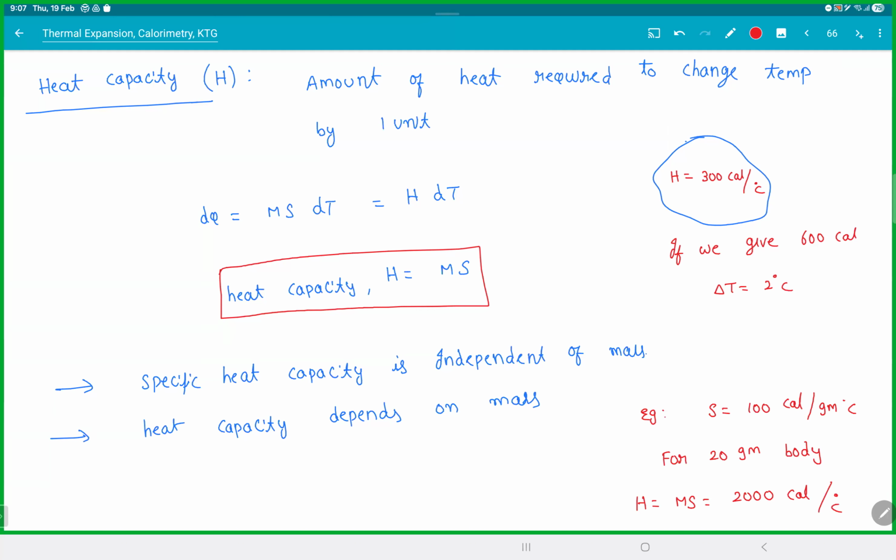Meaning for that particular body, if you give 2000 calories, it will change the temperature by 1 degree. So mass is multiplied there. If you increase the mass, heat capacity will change, but s will not care about the mass. Clear with this? Again, just a theoretical thing, not really that conceptually great, but there have been questions on this where people got trapped. They didn't read the words heat capacity and specific heat capacity properly.